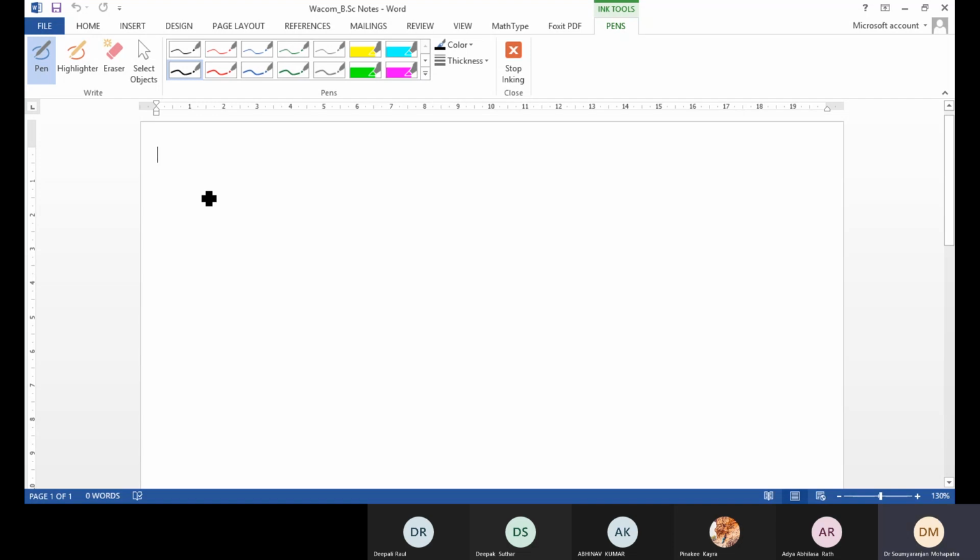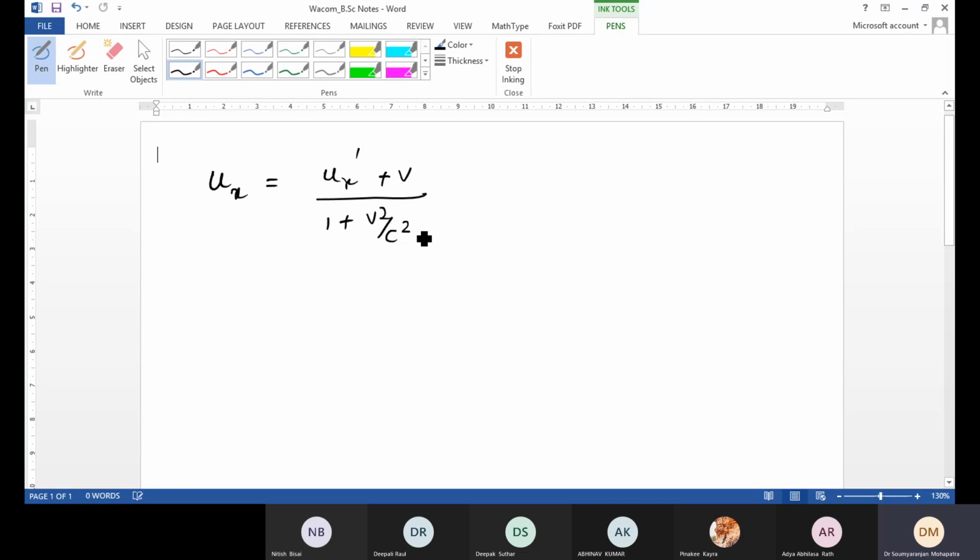Suppose we are moving in all three dimensions, then ux was given as ux prime plus v, divided by 1 plus v square by c square ux prime. Sorry, there is no root over. Yes, so this was the relation.